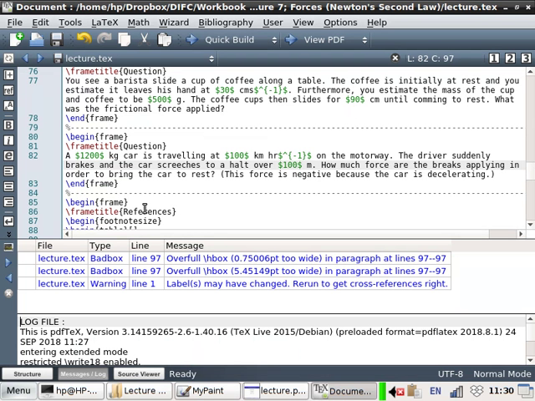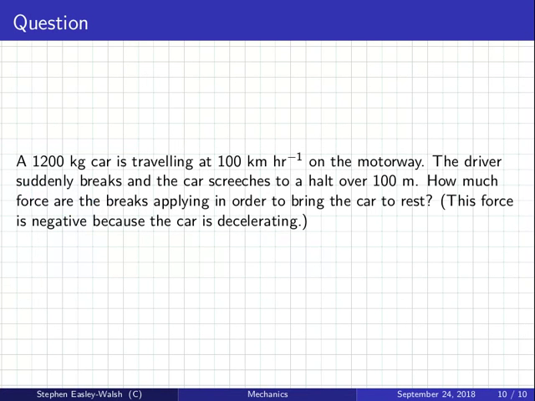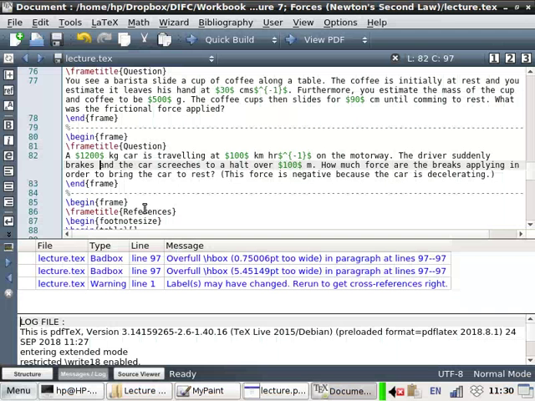There's the brake with the car and brake like this. And the car screeches to a halt. That means it suddenly stops. But it took 100 meters to stop. How much force are the brakes applying in order to bring the car to rest?